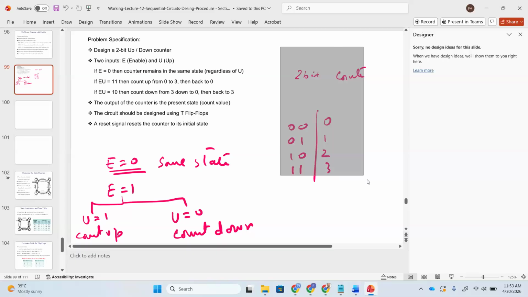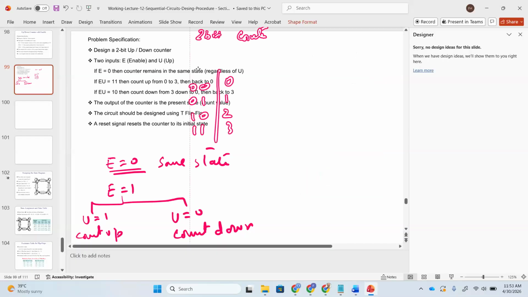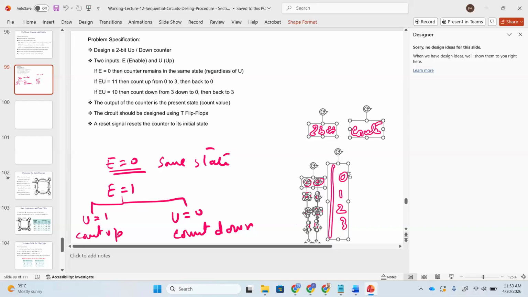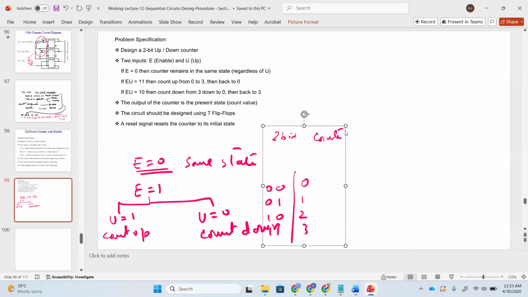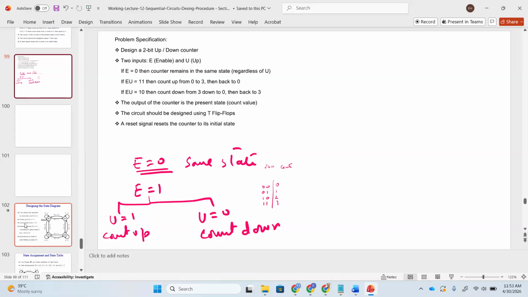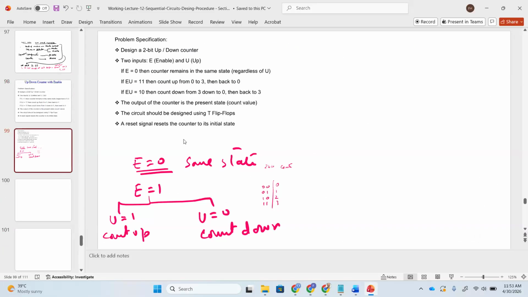And how can we now design the counter? Okay, now we have 4 states: S0, S1, S2, and S3.